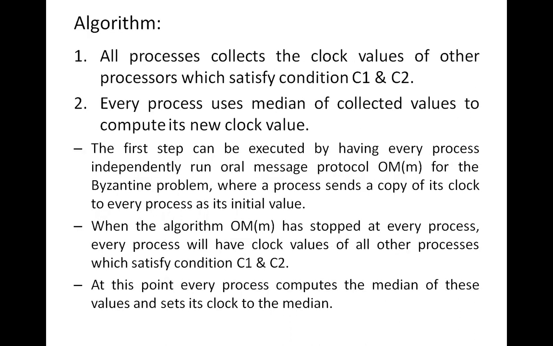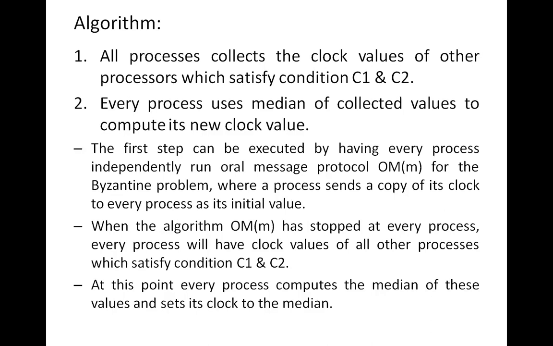Now, how does this algorithm work? As far as this interactive consistency algorithm for clock synchronization, it works in this particular manner. First, all the processes execute an algorithm for an interactive consistency problem to collect the values of the clocks of the other processes, satisfying condition number 1, that is C1, and condition number 2, that is C2.